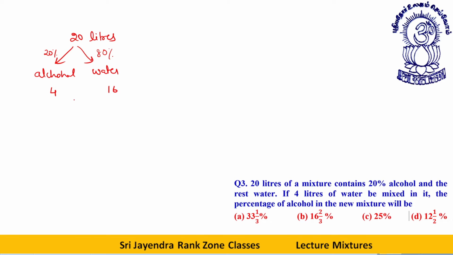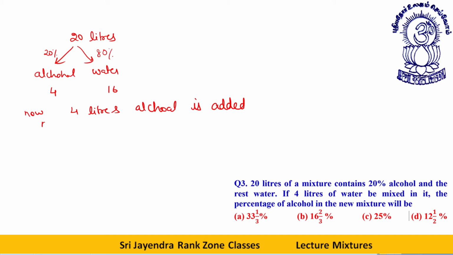Okay. If 4 liters of water we mix in it, the percentage of alcohol in the new mixture is now how much? Alcohol is added now, 4 liters. When 4 liters of alcohol is added, then what will happen, dear students?